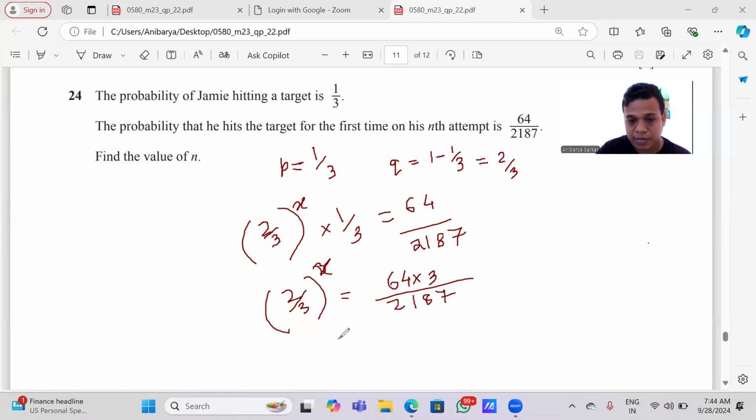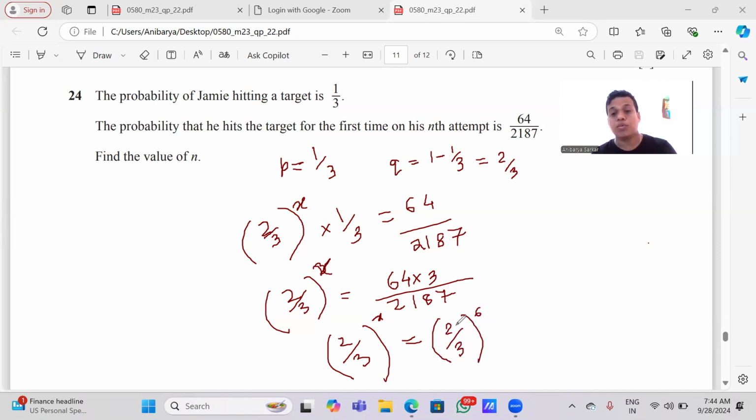So (2 by 3) to the power x equals (2 by 3) to the power 6. You can check that 2 to the power 6 gives the same value. Now the base is the same, so we equate the powers. So x equals 6.